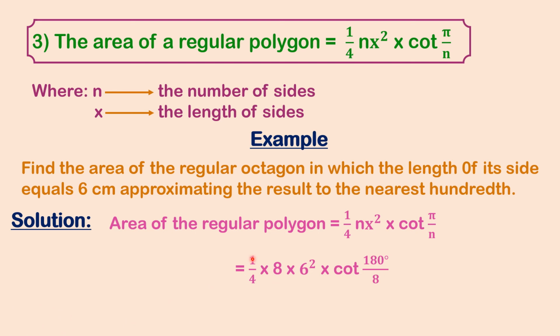By substitution, equals 1/4 n, number of sides, which is 8, times x, length of side, which is 6 power 2, times cotangent pi, which is 180, over 8, which is 22.5 degrees. The approximated value is 173.8 centimeters square.